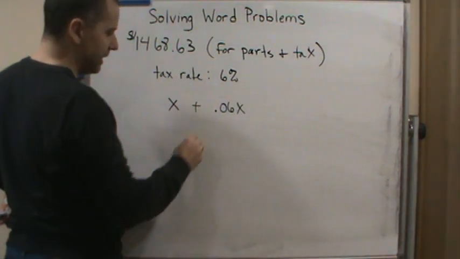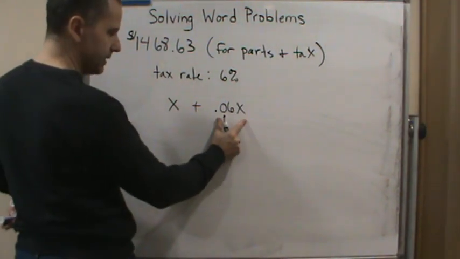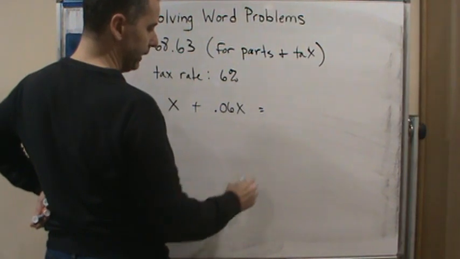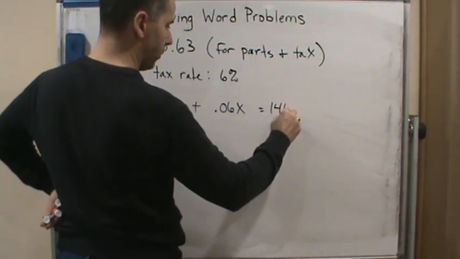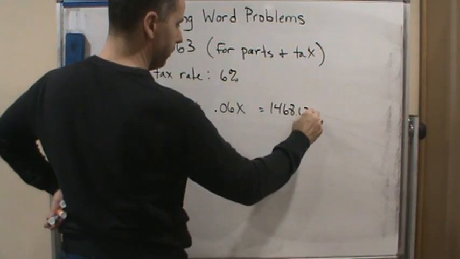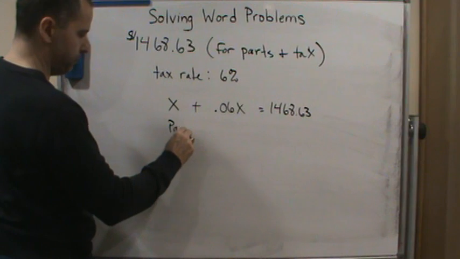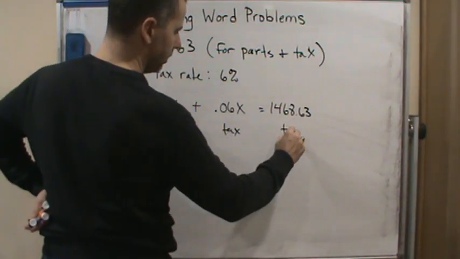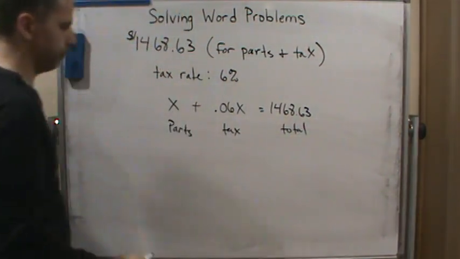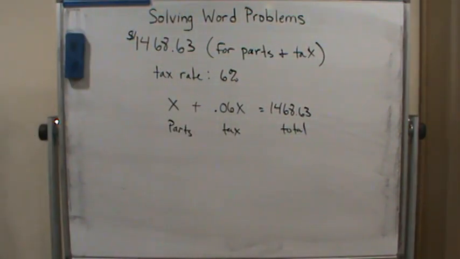So if we add these two together, the cost of the parts plus the tax, that will equal the total cost, which is $1,468.63. Okay? So this is parts, tax, total. So now that we've got our equation set up, now we just have to solve it, right?